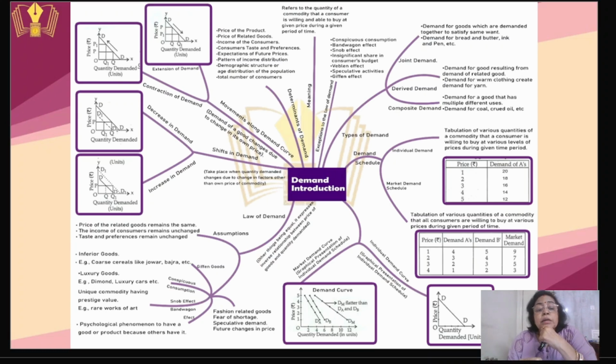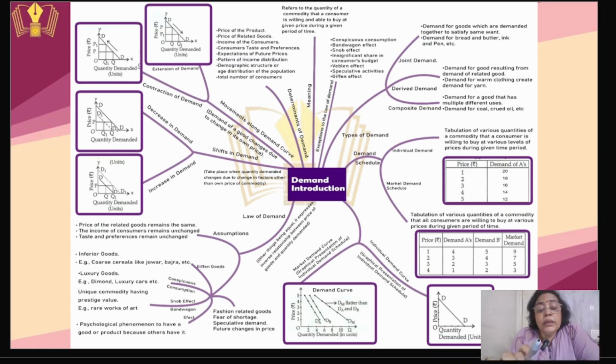And when we say market demand, it is this individual demand plus the pattern of income distribution, demographic structure or age distribution of the population, and total number of consumers. Taking all together, it can be market demand, and for individual demand, only the first few: price of the product, price of related goods, income of the consumer, consumer's taste and preferences, expectations of future prices.